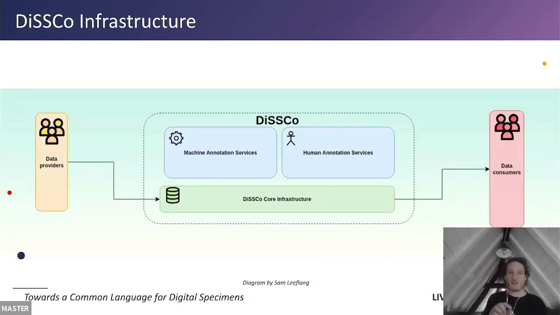And on the other side, the machine annotation services, where we try to leverage machines as much as possible to do the bulk of the work. Think about label transcription or creating connections to other infrastructures.